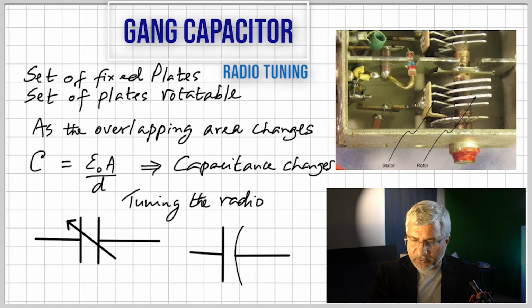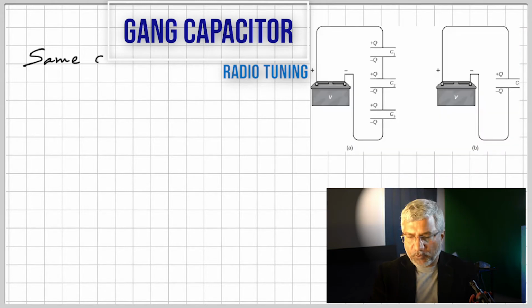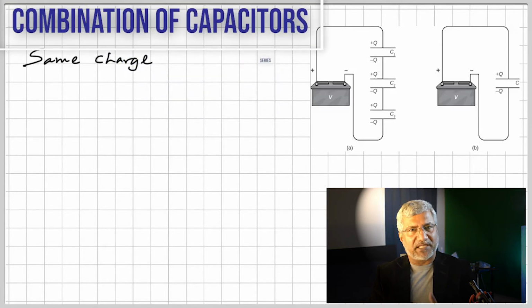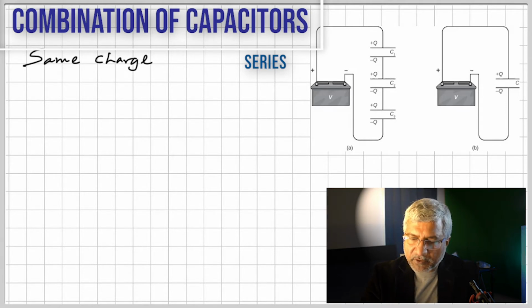All right, now let's look at what happens when capacitors are connected together. Often we have to combine capacitors, and the combination can basically be in series or in parallel. We'll talk about the practical applications of these as we go forward. But here is a combination of three capacitors connected in series to each other, and they are connected to a battery.